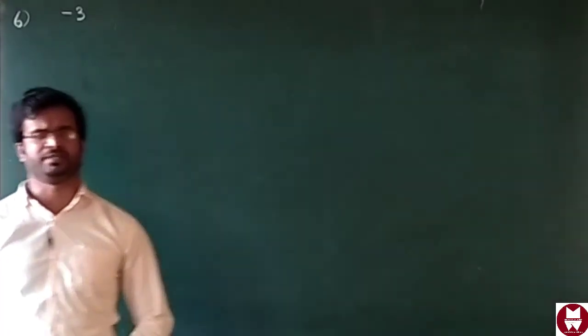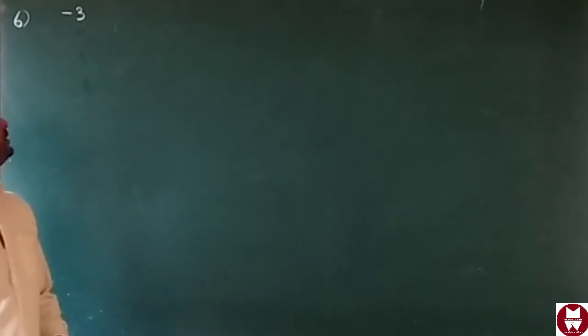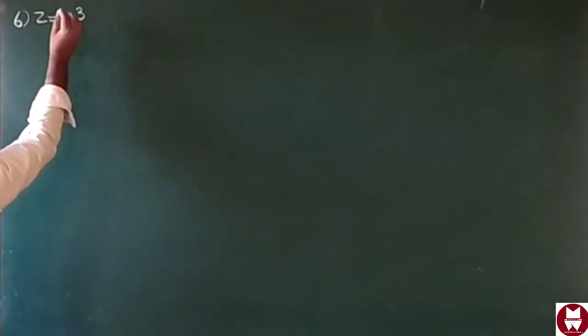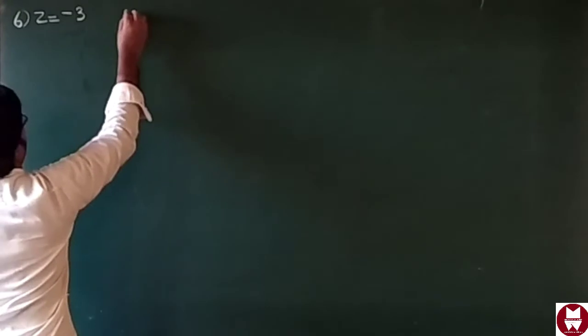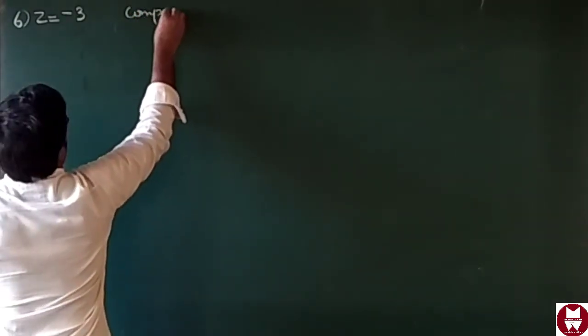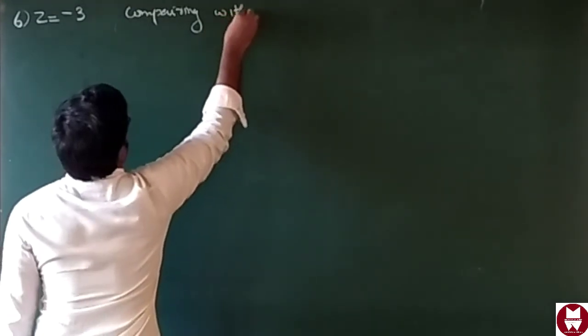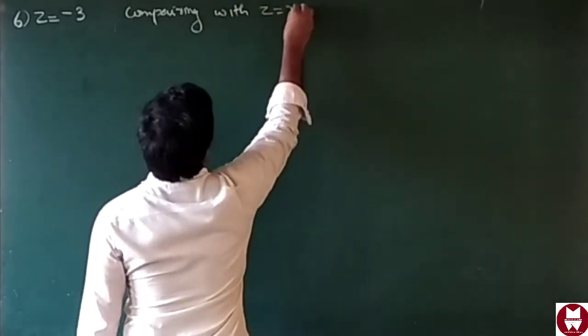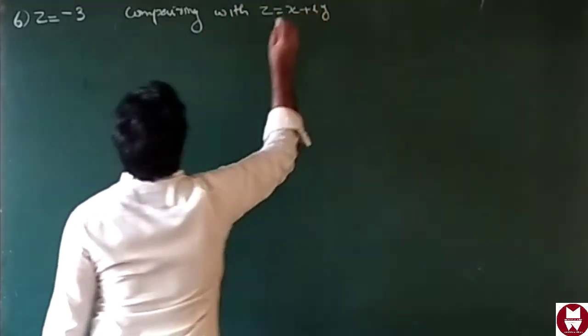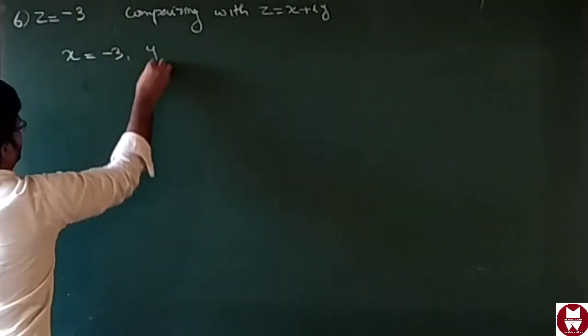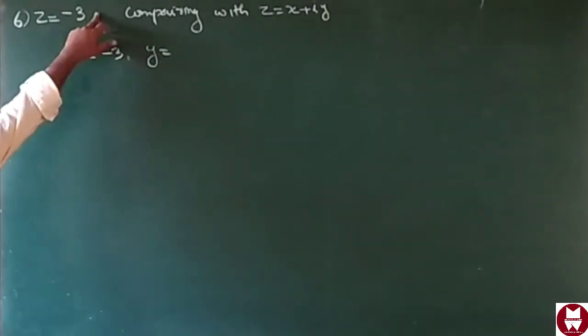We can see question number 6. The question is to convert the given complex number to polar form. So give it one name, z equal to minus 3. Comparing with z equal to x plus I y, the time x equal to real part, minus 3, y equal to, what is y? Y means nothing.